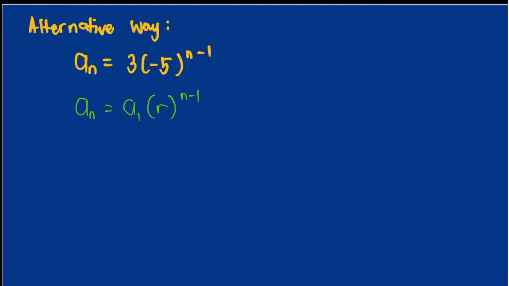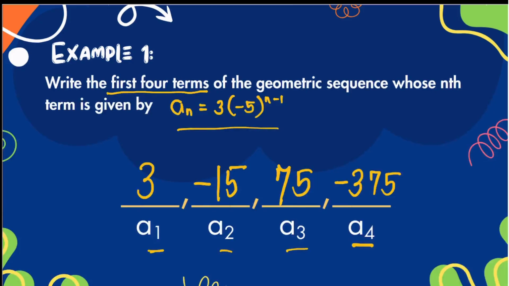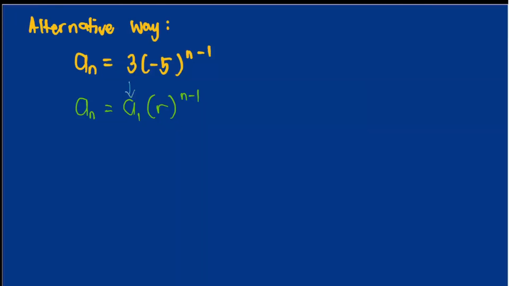So, ibig sabihin, if you're going to compare this, makikita mo na dyan na yung a sub 1 natin is 3 na. So, kung babalikan natin yan, yung nakuha nating a sub 1 ay 3 na rin. So, ibig sabihin, meron ka ng given na a sub 1. Ang given nating a sub 1 is 3. Ayan na.